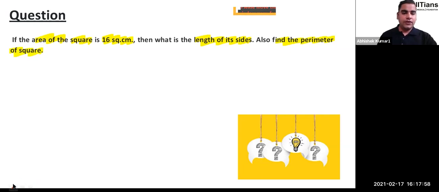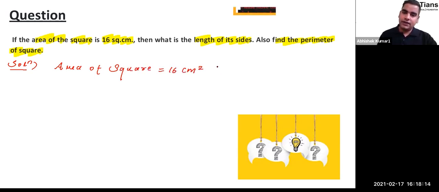We are provided the area here. Area of square equals 16 centimeter square. This has been provided to us.